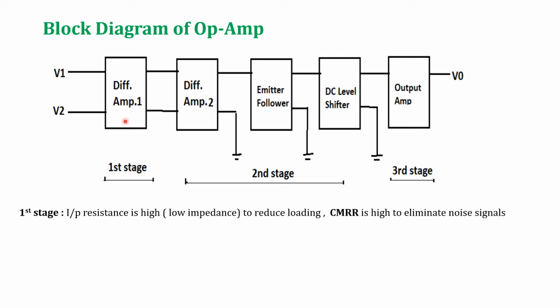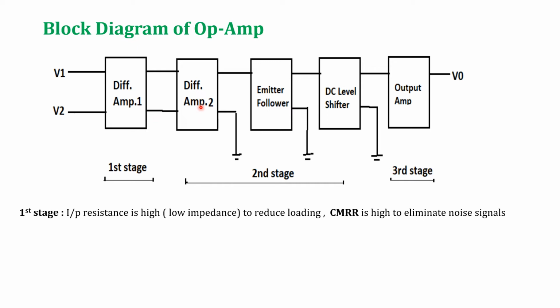If the common mode rejection ratio is very high, then what happens? It totally eliminates the noise. Hence, in the first stage, the differential amplifier has a very high common mode rejection ratio, so it eliminates the common mode signals and it amplifies the input signal.